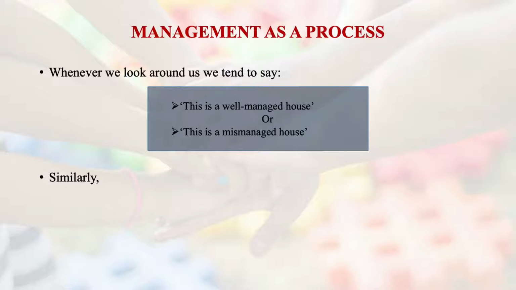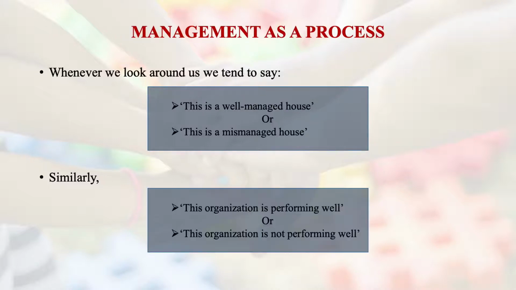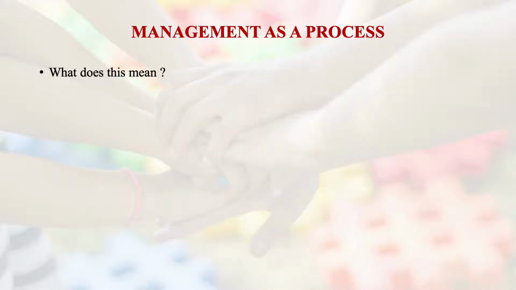Similarly for organizations, we say this organization is performing quite well, or this organization is not performing so well. What do these statements mean? They are just statements. We just tend to express our views regarding a particular space. We are just trying to find out why this is happening.